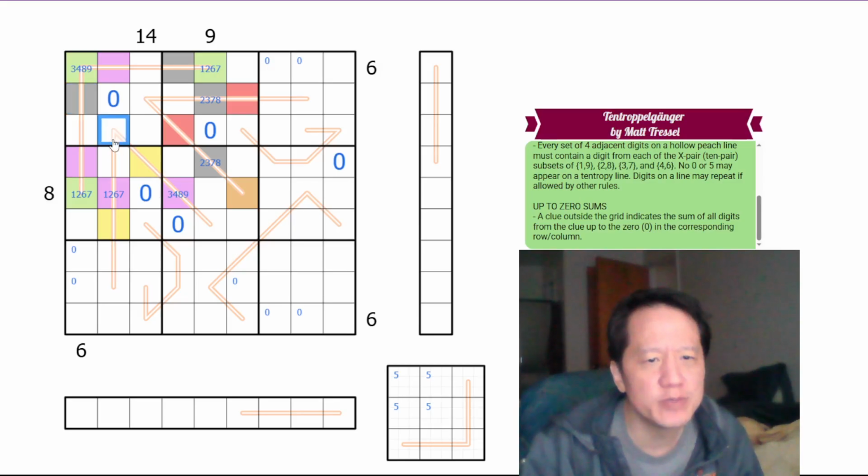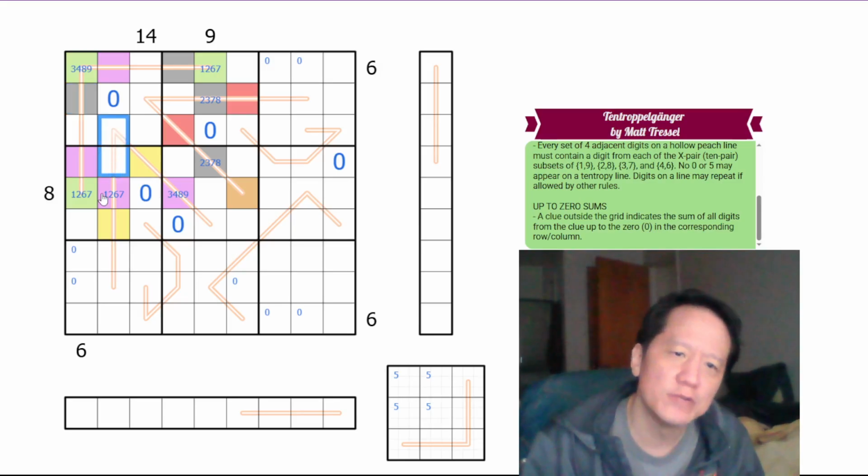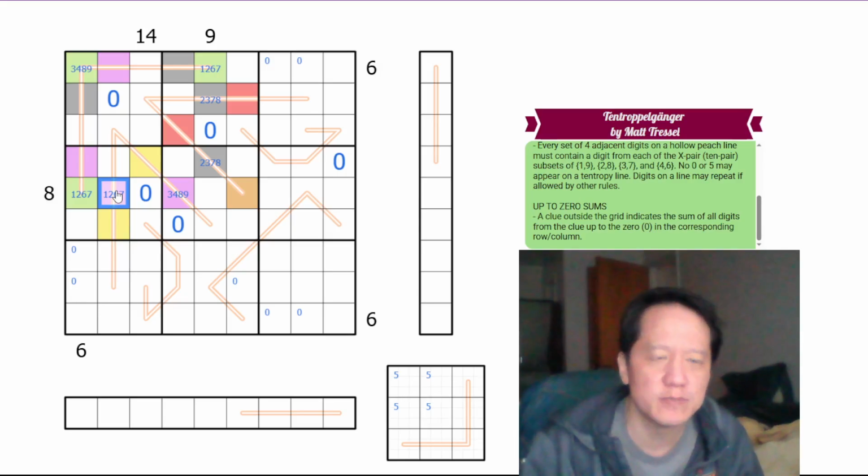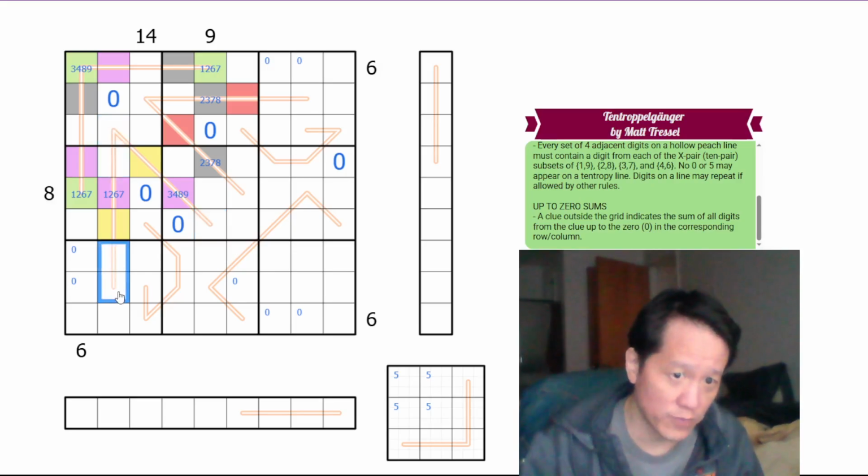Green has to appear in one of these two. Green is not the same as yellow and is not the same as pink. And again, it must appear in one of these two. So, interesting. Okay, so one of these two is green, and one of these two is green.